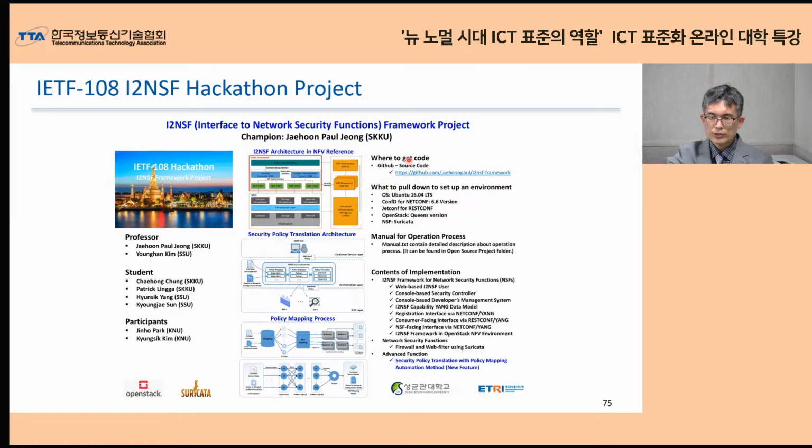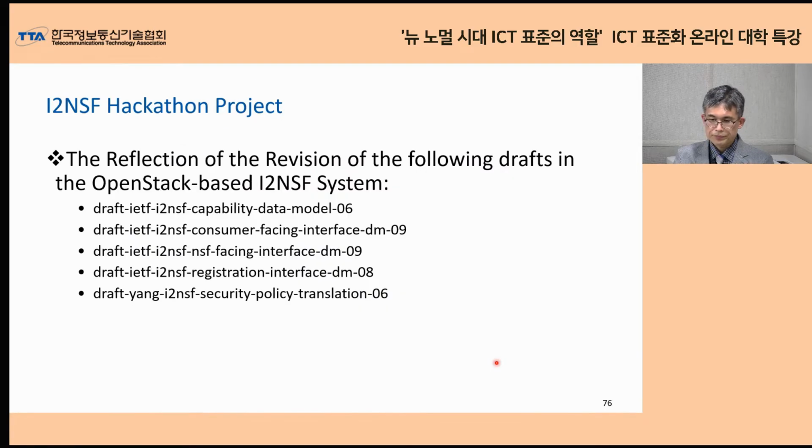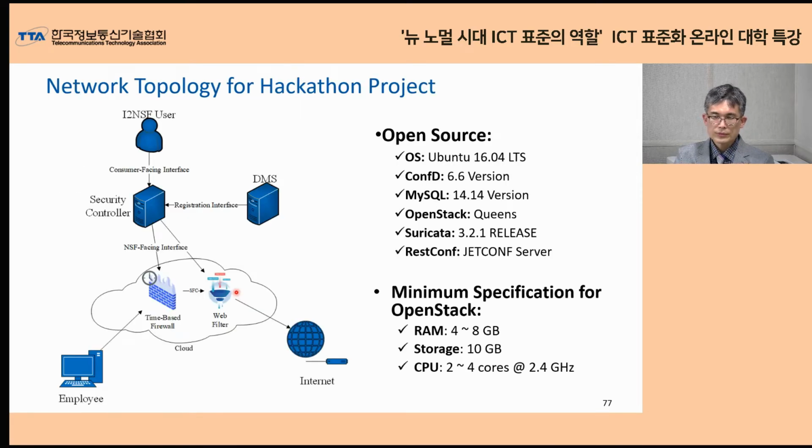In July 2020, the goal was to re-establish the I2NSF environment. Also, we tried to set up security policy translation. The hackathon project usually tries to reflect the latest revisions of our drafts, such as the capability data model and consumer-facing interface.